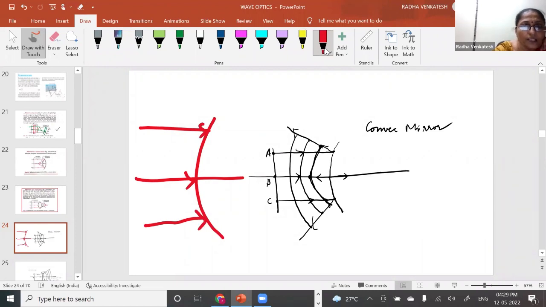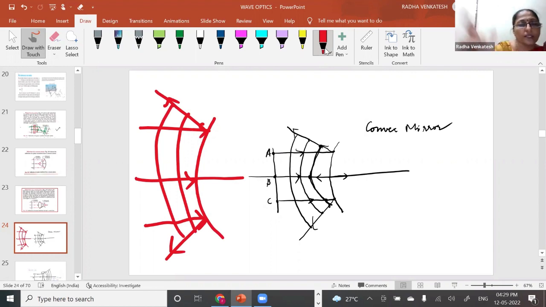And after reflection, after some time, it is going to be like this. So draw your rays first. Teach your students to draw the divergent ray. After drawing the divergent ray, ask them to draw parallel curves to the mirror. That will be the wavefront. That way they will easily remember how to draw the wavefront. That's how I teach them.